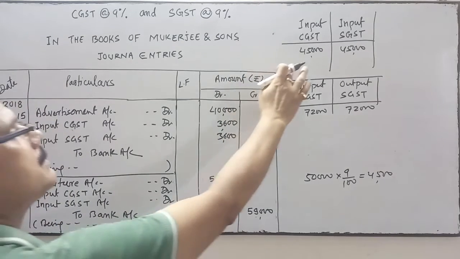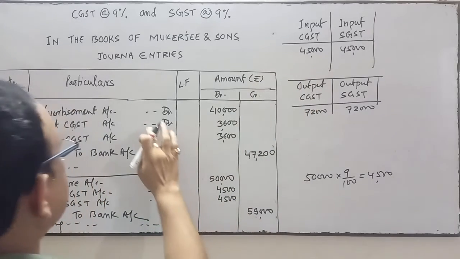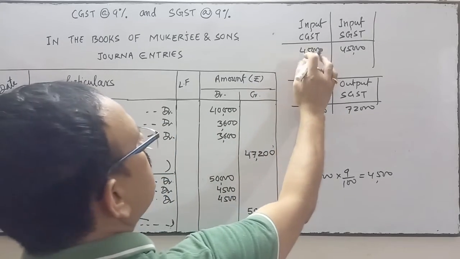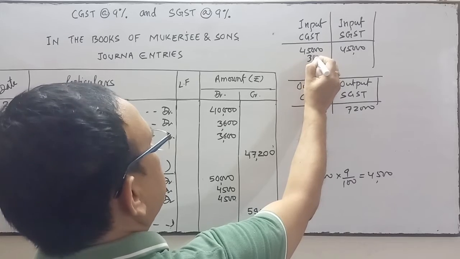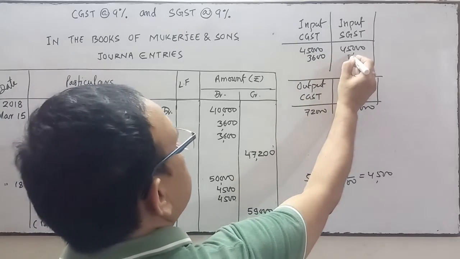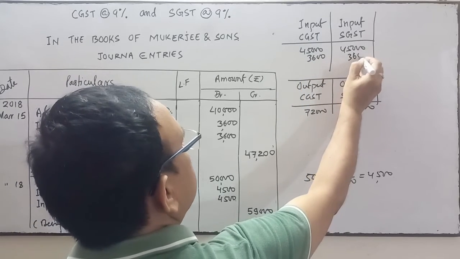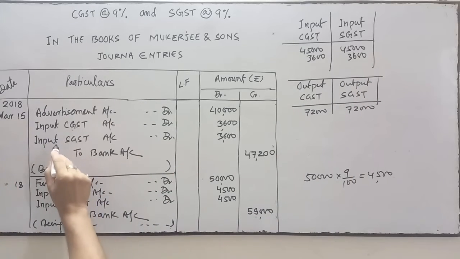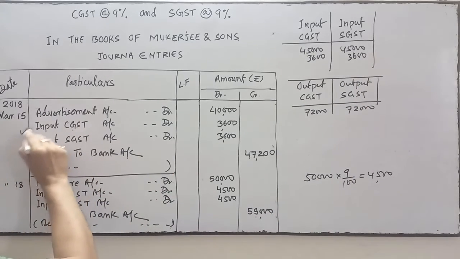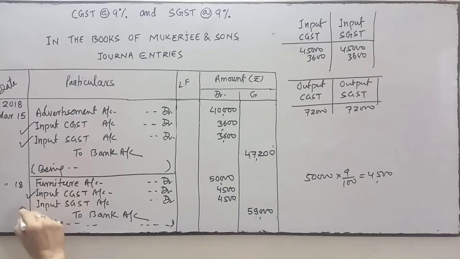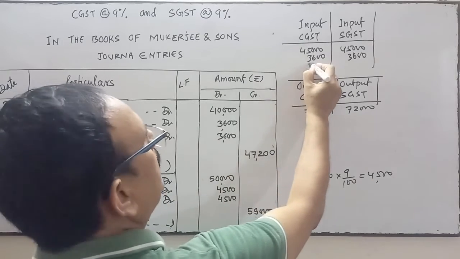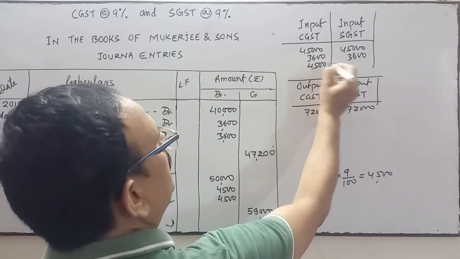So input CGST and SGST in these two transactions is 3,600, this one, and again this one, 4,500 and 4,500.